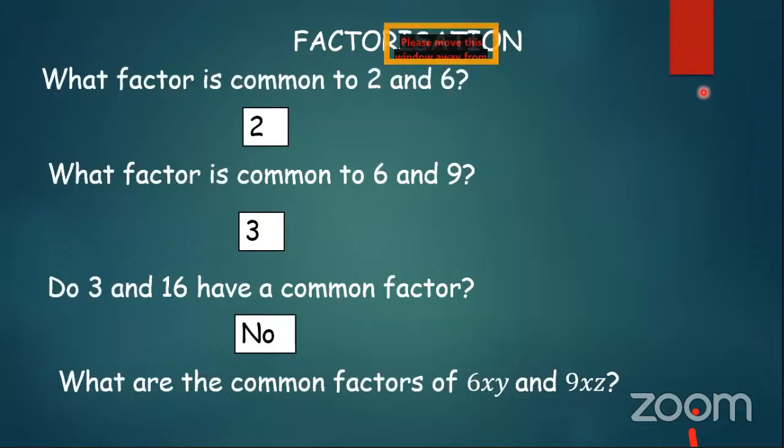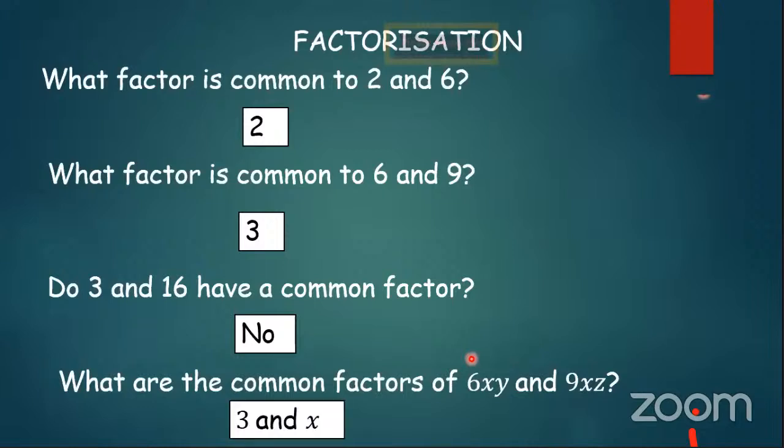But since they needed common factors, it is better for us to say the common factors are 3 and x. But if they say a common factor, then we can say a common factor is 3.